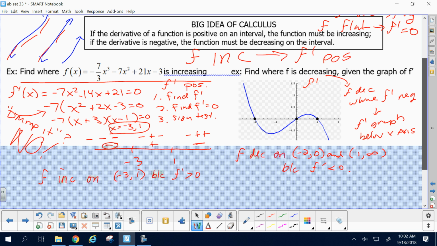And you could say the words F prime is negative, or you could write F prime less than 0, both are accepted. Are you with me? Okay. That's the case because anytime F prime is negative, F tangent slopes are negative.